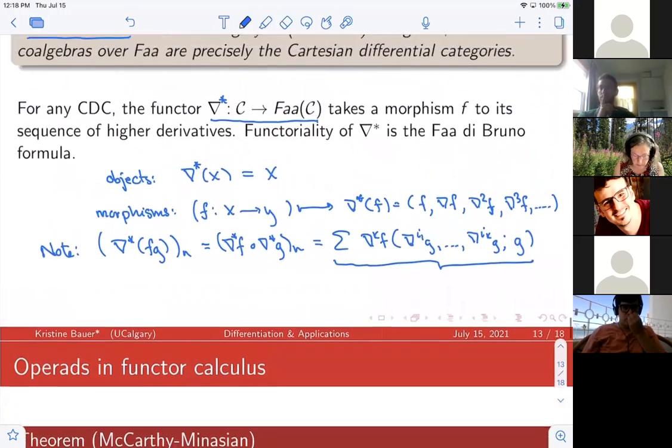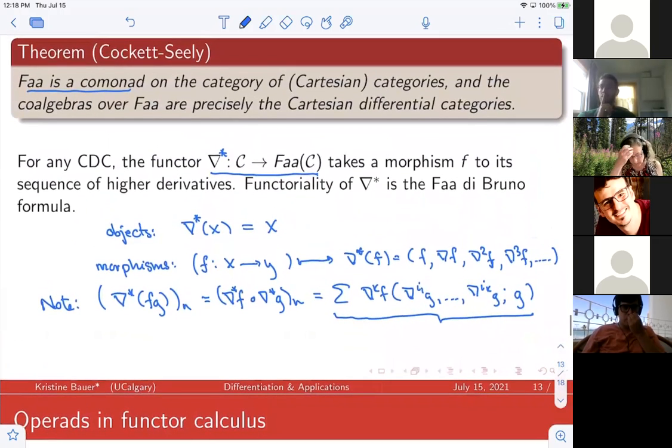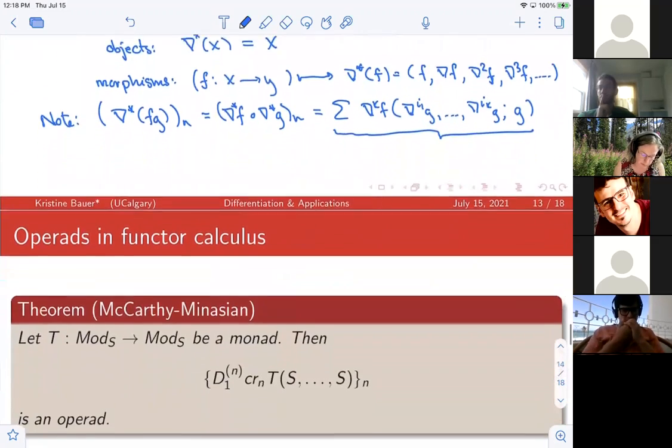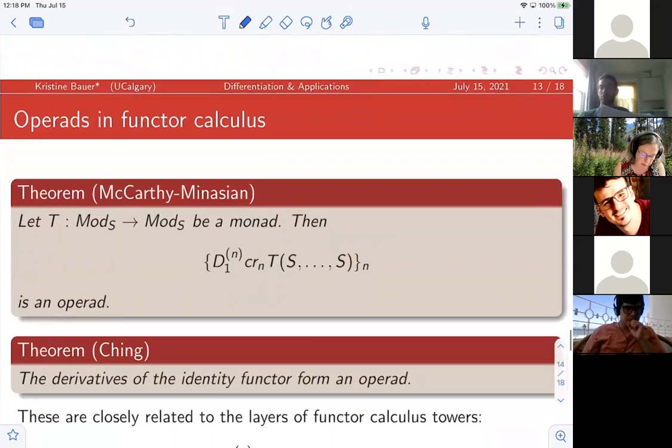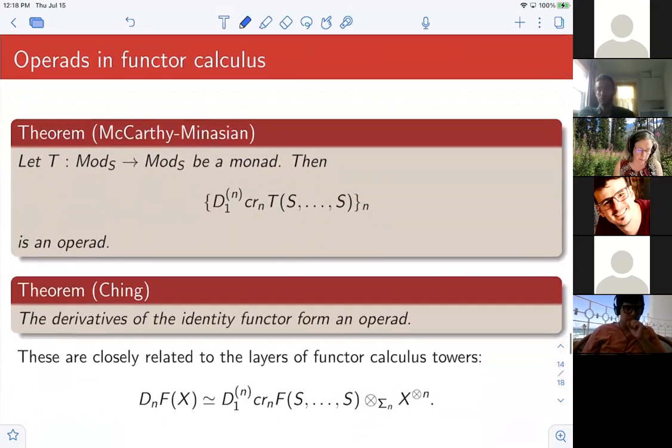Okay, well, if you're a topologist or a category theorist or anyone who has seen operad composition before, this should be making you think that something is going on. It made us think that something was going on, and so when we went back and thought about what we knew about operads and abelian functor calculus, we remembered that McCarthy and Manasian had shown that there is indeed an operad that is very similar to the one that we're looking at.